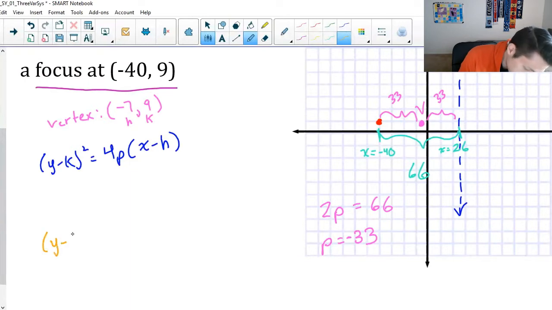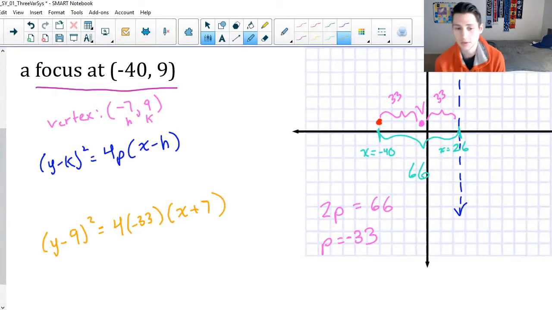y minus k, so y minus 9 squared, equals 4 times negative 33 times x plus 7.